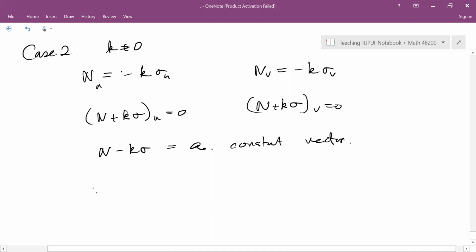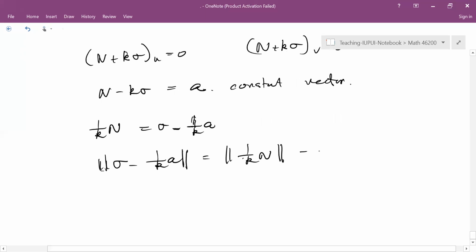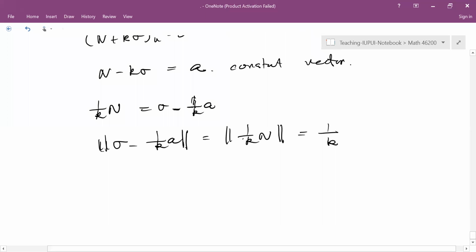So σ plus N over k is a constant vector. So the length is going to be 1 over k times the length of N, and since this N is a normal vector, it's going to be 1 over k. Now, what does that mean? In other words, σ_uv.